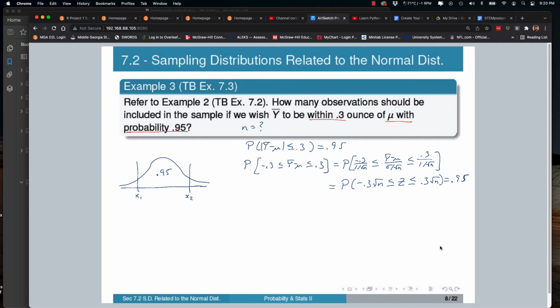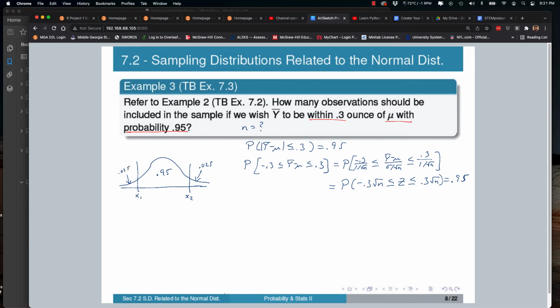One way to do that is to use inverse norm or the qnorm function in R, which is what I'm going to do. But notice that if it's 0.95 in the middle, you have 5% left over contained in your tails combined. So here you have 0.025 area underneath the curve past x2, and below x1 you've got the same amount. That will help you out in the long run.